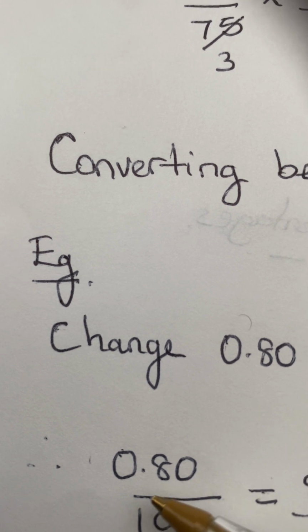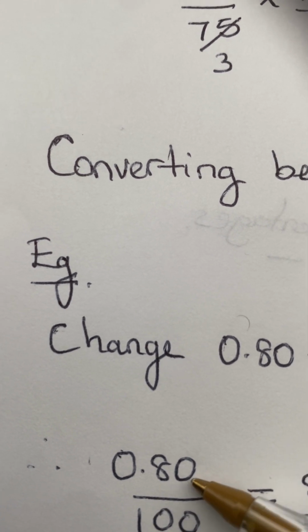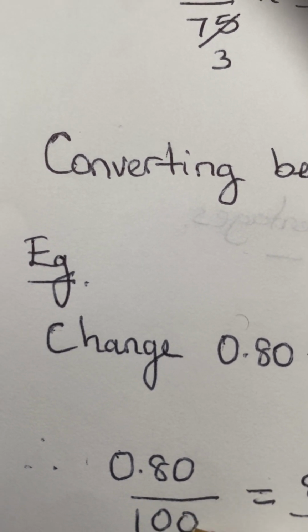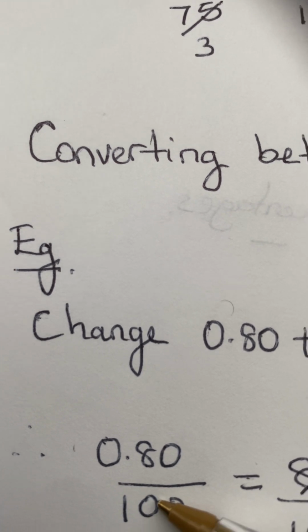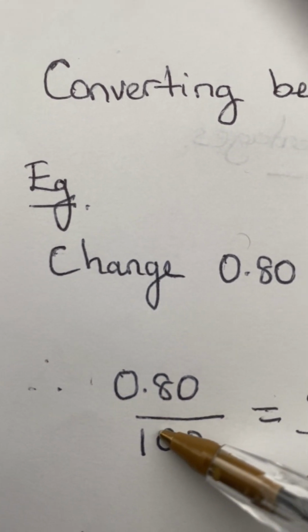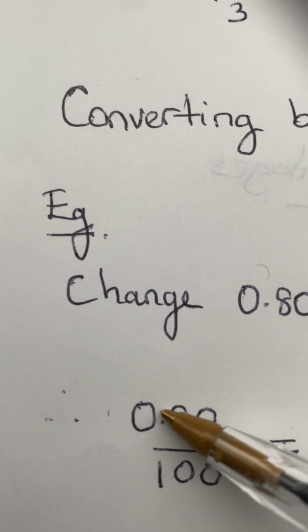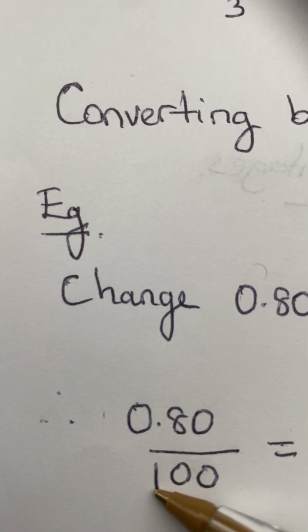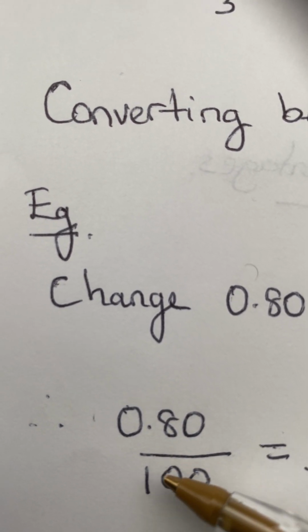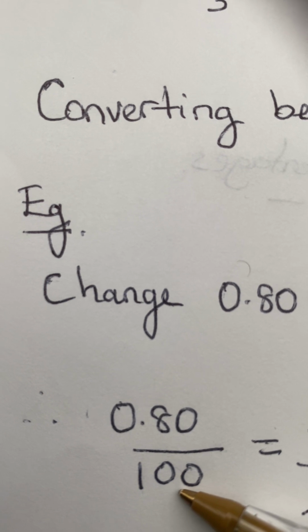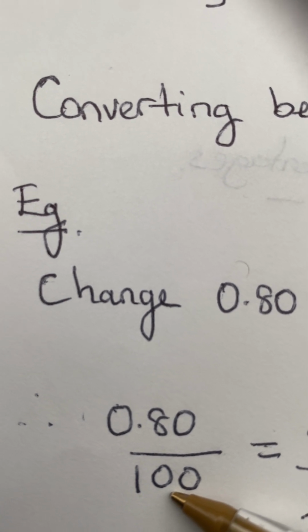I have two decimal places, so under 0 I write 0, and under 8 I write 0. When I get to the decimal, I put a 1. We've done this in one of the videos, so this is a recap.